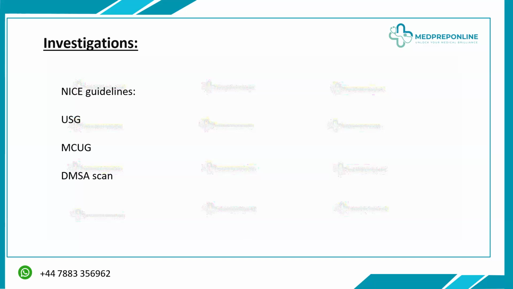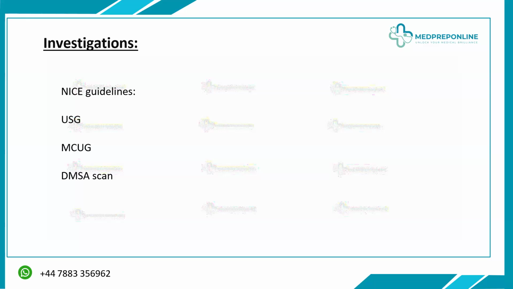And for a DMSA scan, it depends whether it's a typical UTI or atypical UTI or recurrent UTI. And if child's age is less than 6 months, and there are atypical or recurrent UTI, you have to get it done.